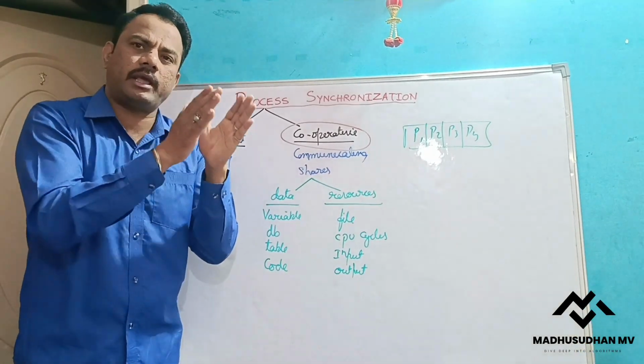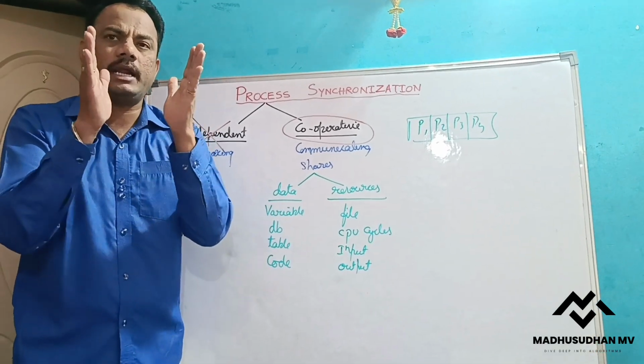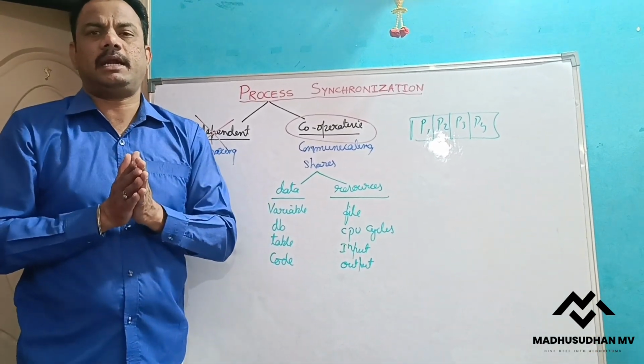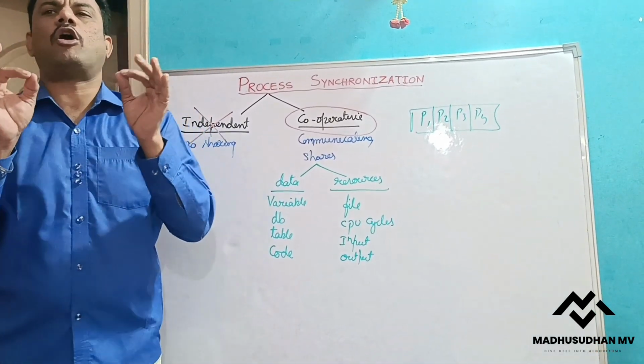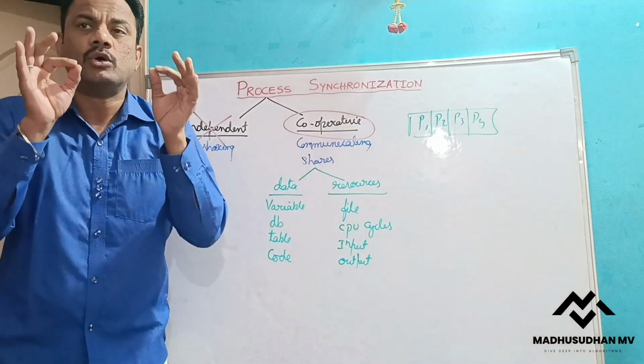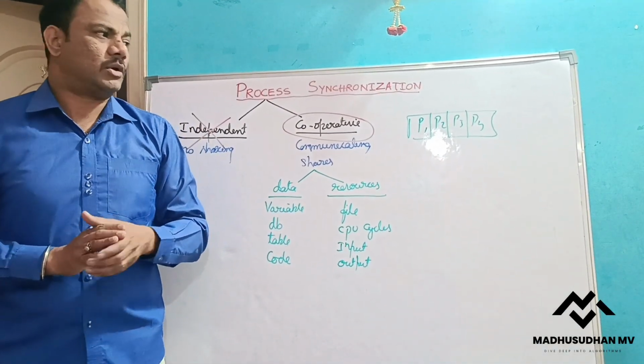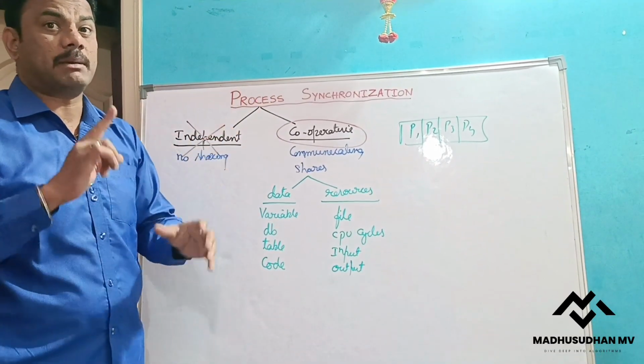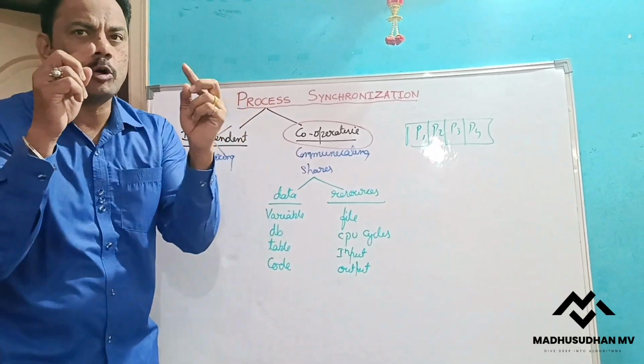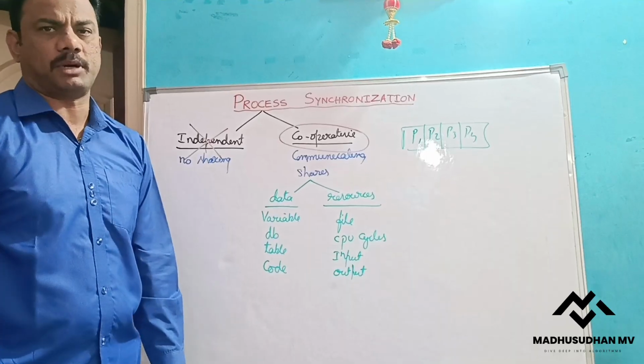So to have fair execution and data consistency, every operating system has to provide some process synchronization methods. Let us see how data becomes inconsistent if there is no proper coordination between two processes.